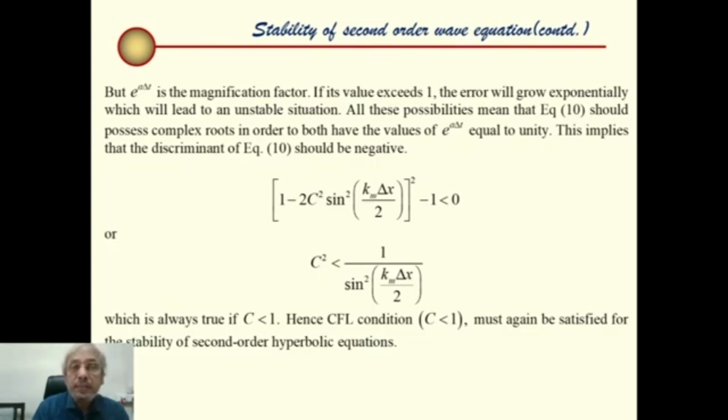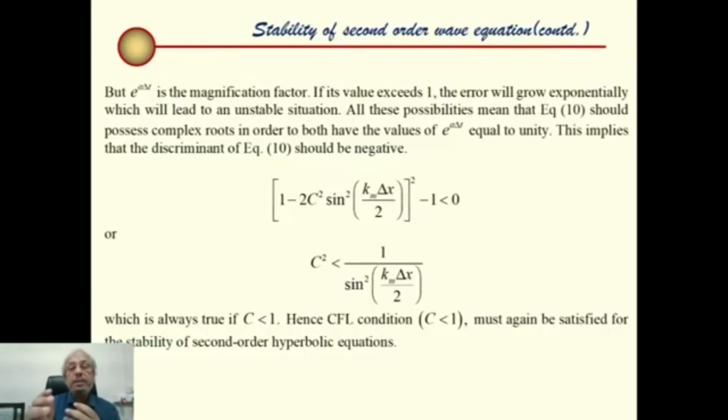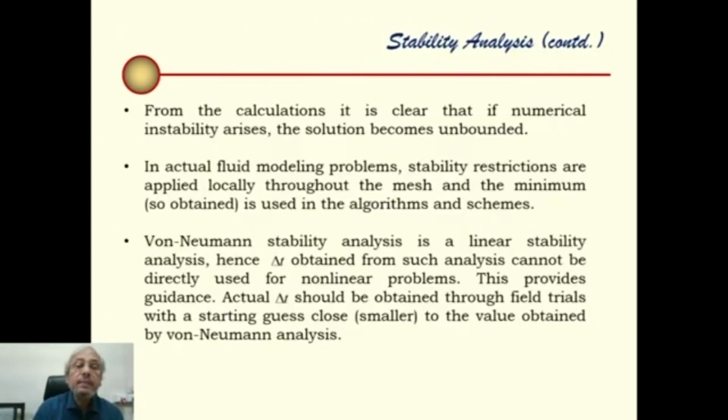Then we have seen elliptic equation where conditions are posed both on diffusive term and Courant number. And now we have obtained the stability condition for second order wave equation where Courant number is less than 1.